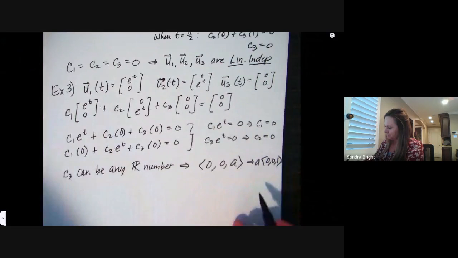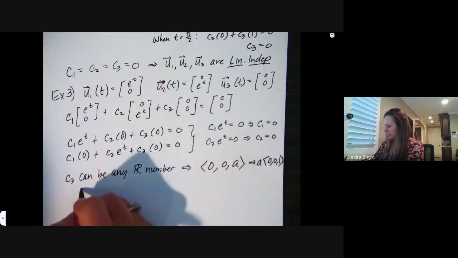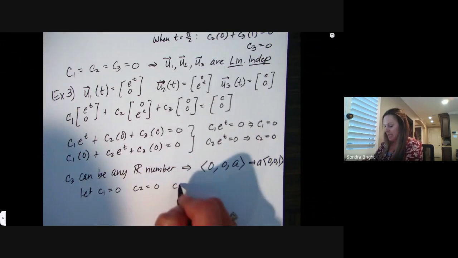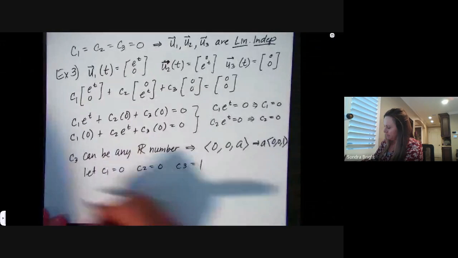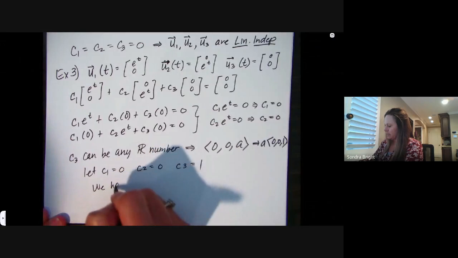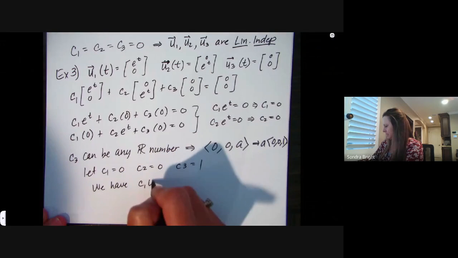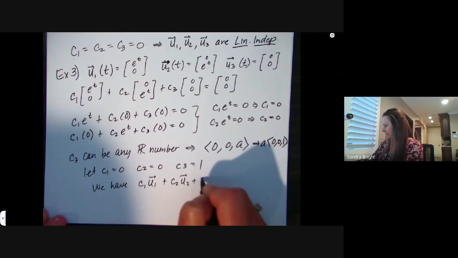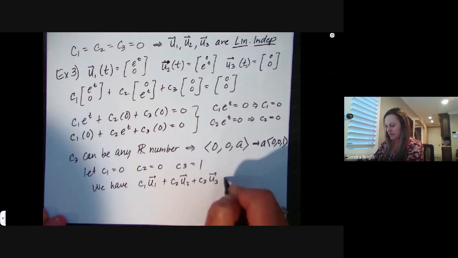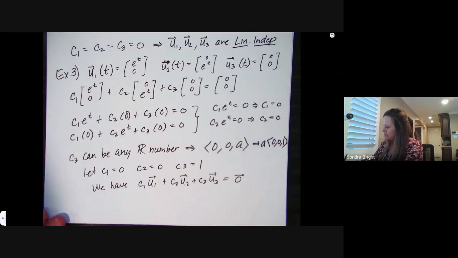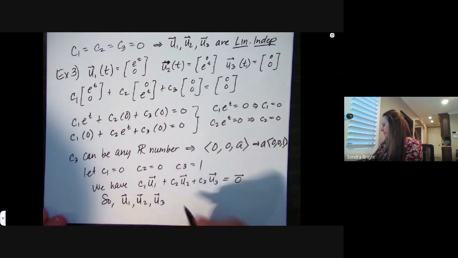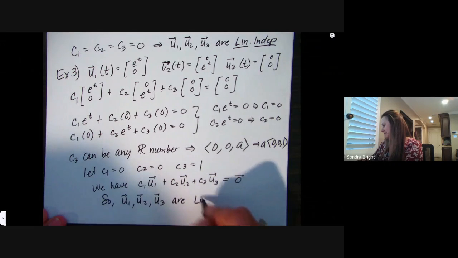So if I let C1 equal 0, C2 equal 0, and C3 equal 1, then I'm going to get that C1 times U1 plus C2 times U2 plus C3 times U3 is definitely equal to the 0 vector. And so these guys, U1, U2, and U3, are all linearly dependent this time.